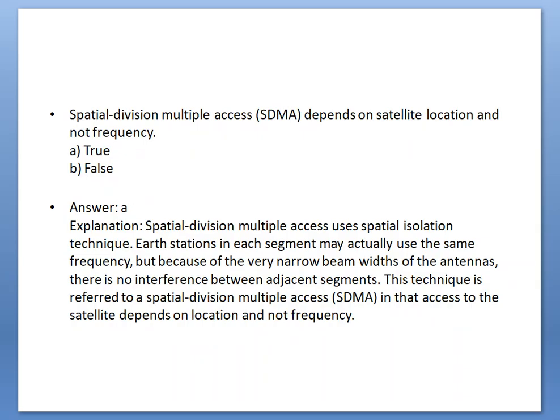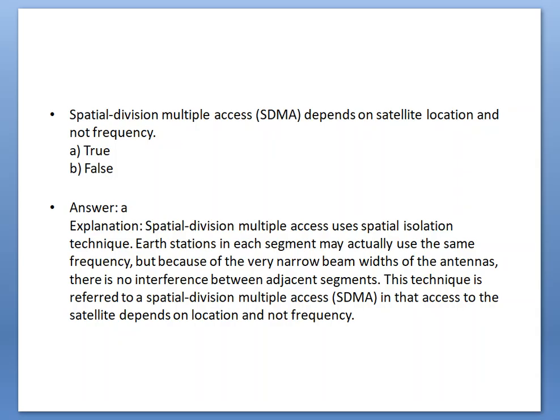Now coming to the last bit: spatial division multiple access depends on the satellite location and not on frequency. We have to judge whether this is true or false. Yes, the answer is true. Spatial division multiple access uses the spatial isolation technique.